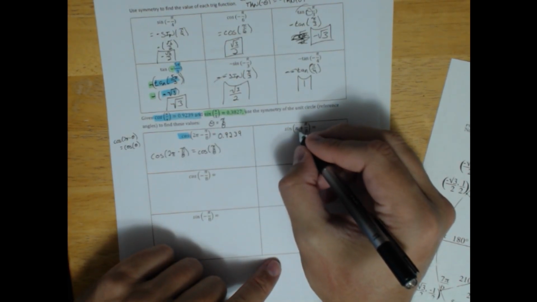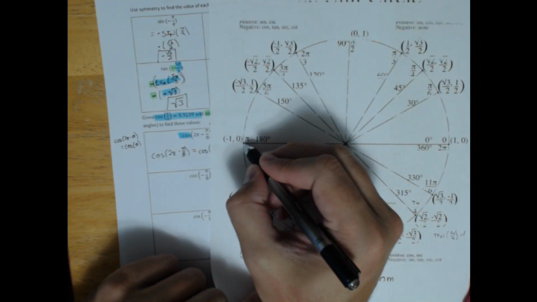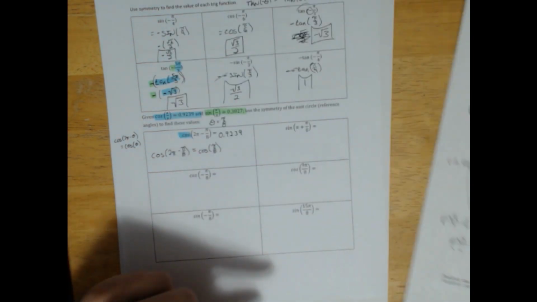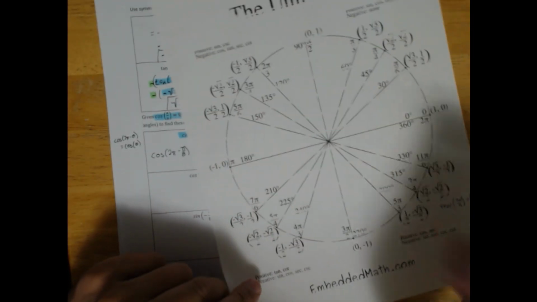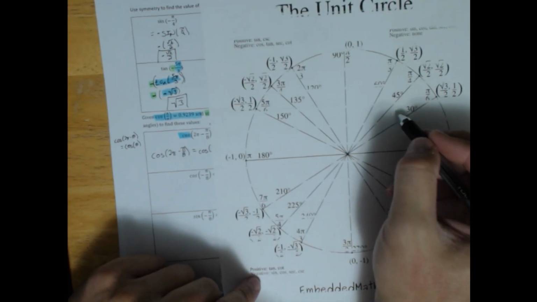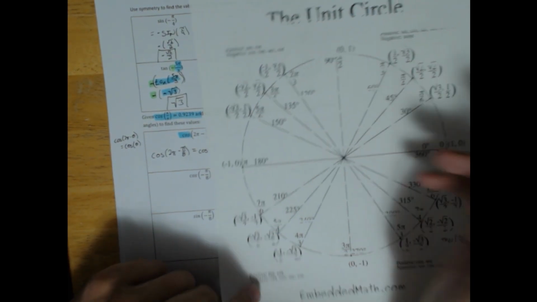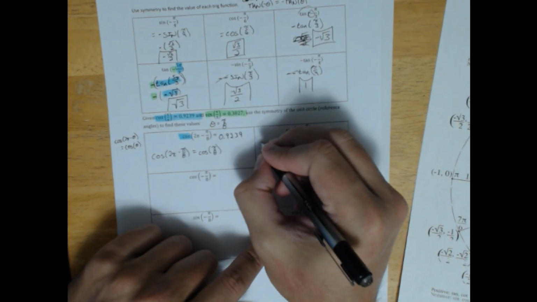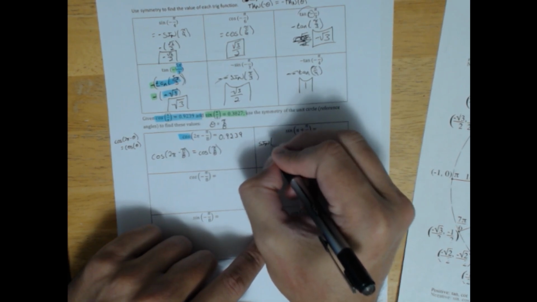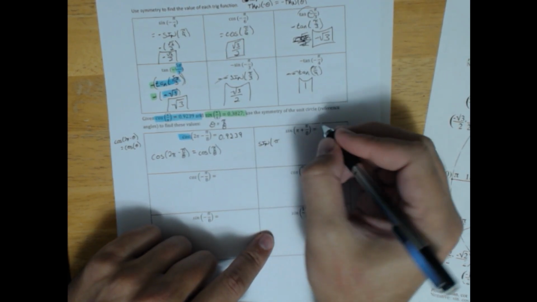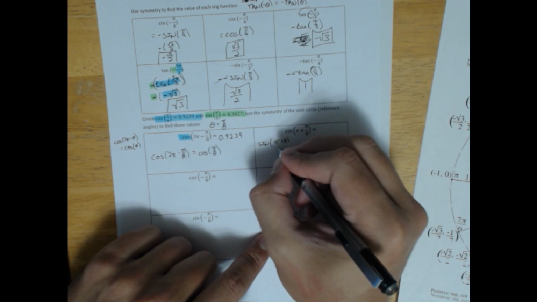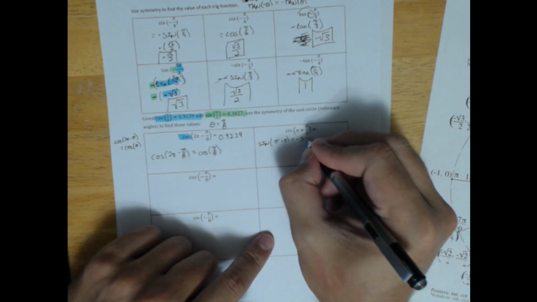Sine of pi plus pi over 8. Pi over 8 is quadrant 1, so we're at pi plus pi over 8, so it's going to go down here into quadrant 3. And switching from quadrant 1 to quadrant 3 does change the sign. So we know that sine of pi plus theta is equal to negative sine theta.